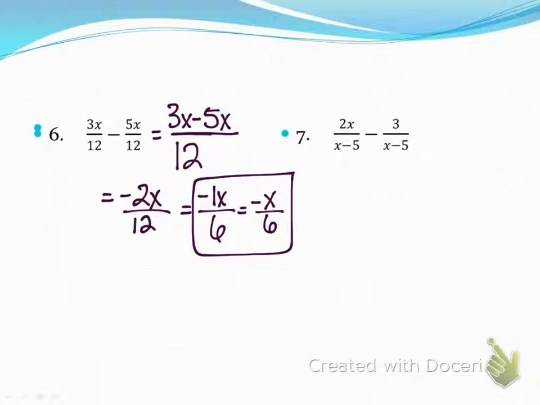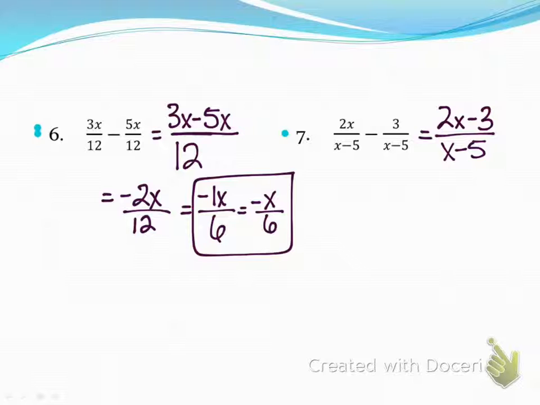Okay. On 7, my denominator is x minus 5. That whole thing stays my denominator. In my numerator, what am I doing? Subtracting 2x minus 3. Careful.